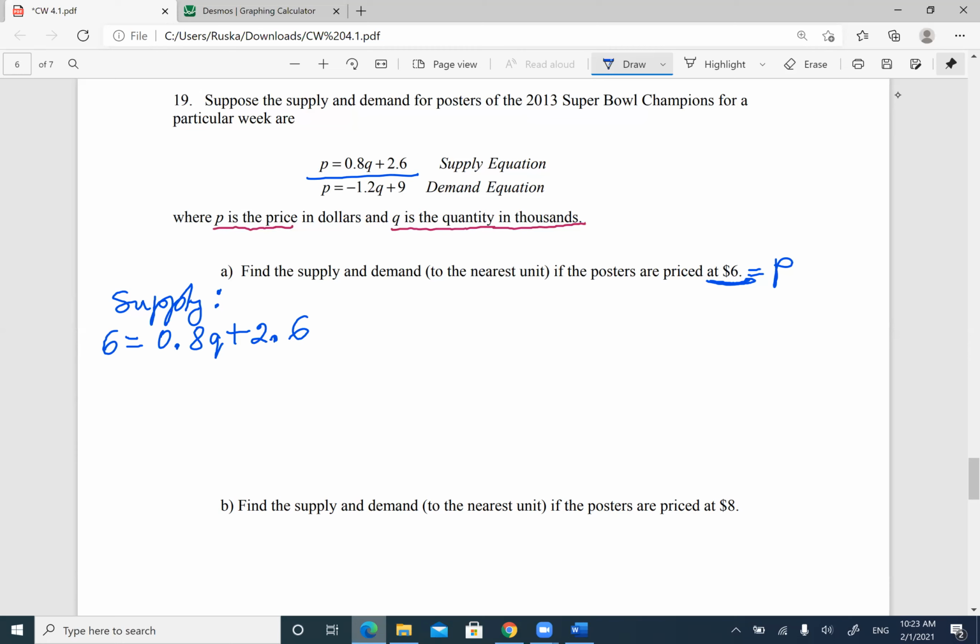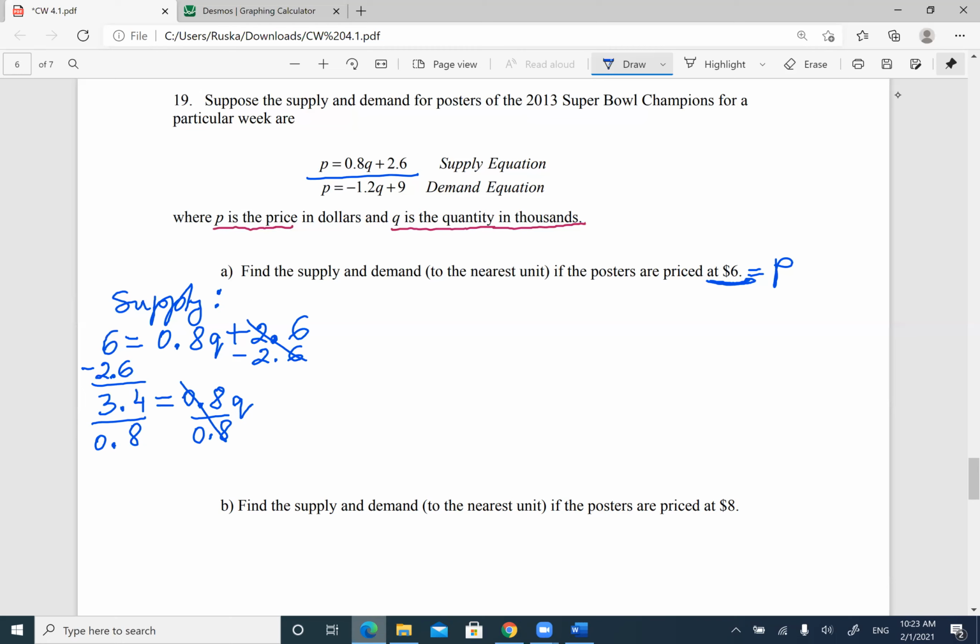And you're going to solve that. How are you solving it? You're going to subtract 2.6, and you're going to get 3.4, right? 0.8Q. You're going to divide by 0.8 on both sides, and you're going to get Q, which is the quantity in thousands.